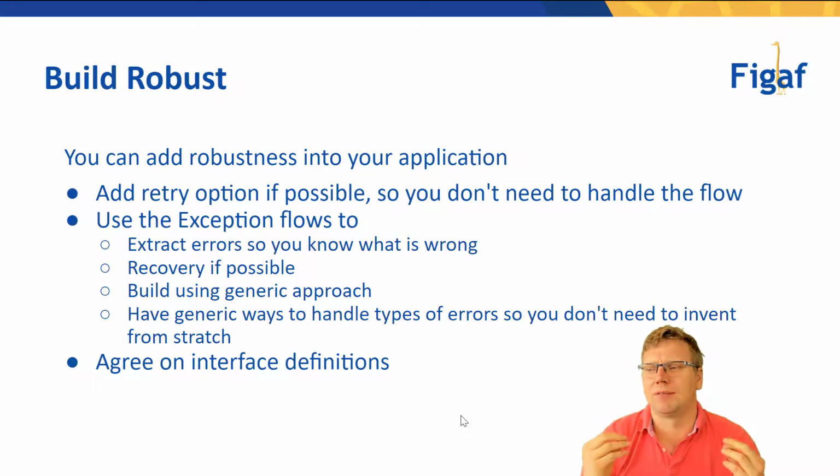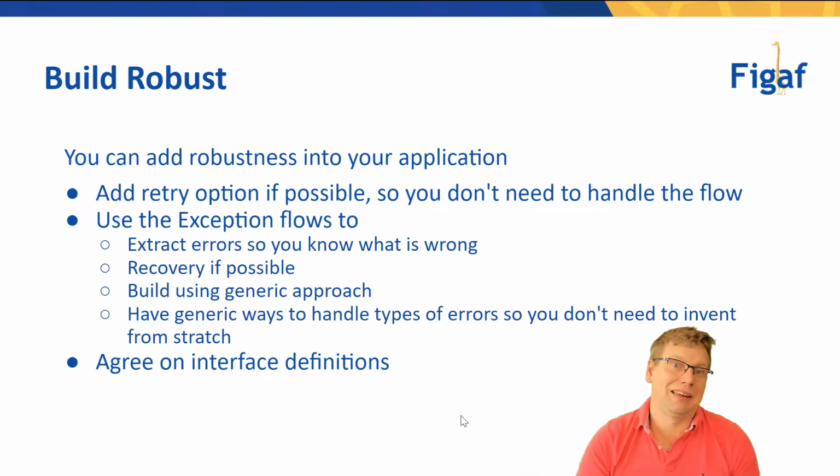Then the challenge is that if, in all your different processes, you build whatever you feel like is a good way to handle these errors, you will get a completely unmanageable system. There will be a lot of cases that work, and in some places it is a challenge, and you need to find a good way to handle that.